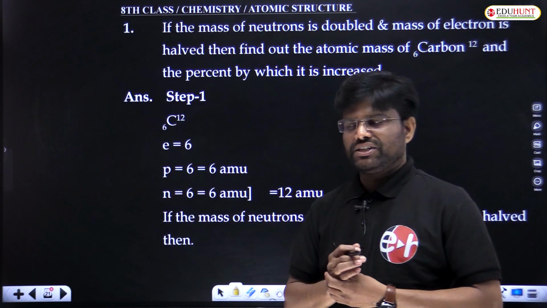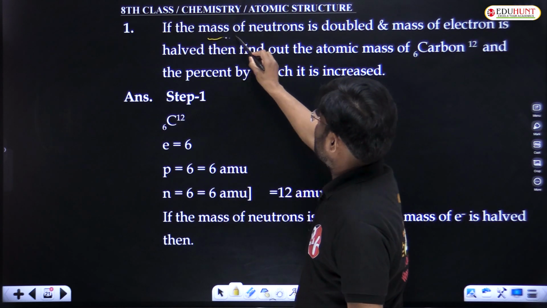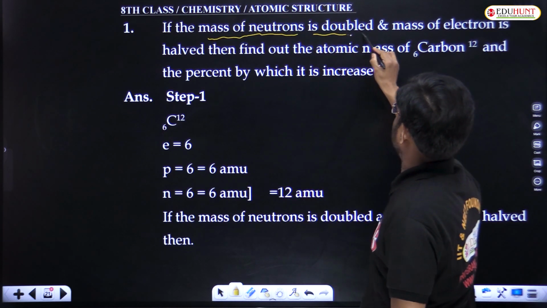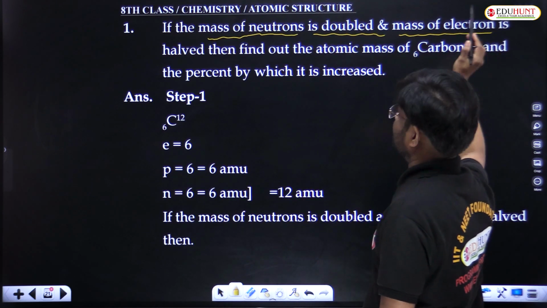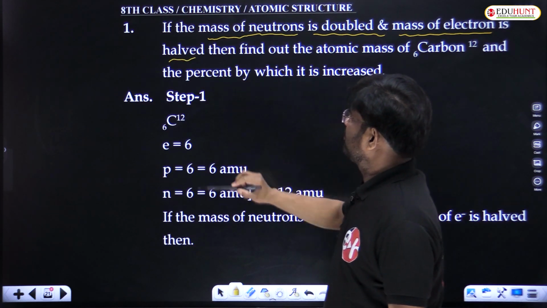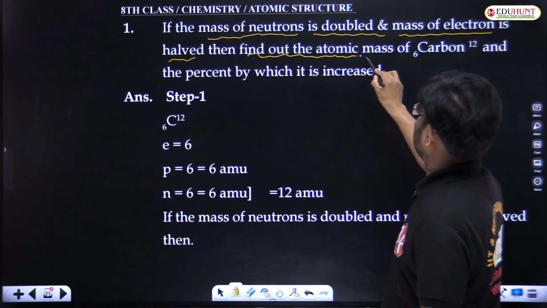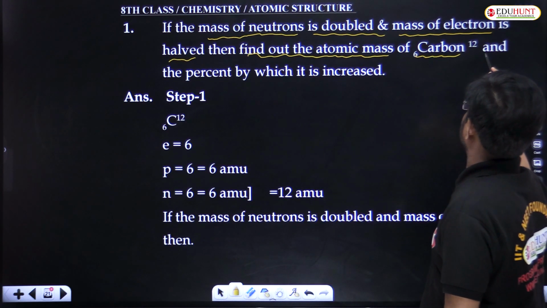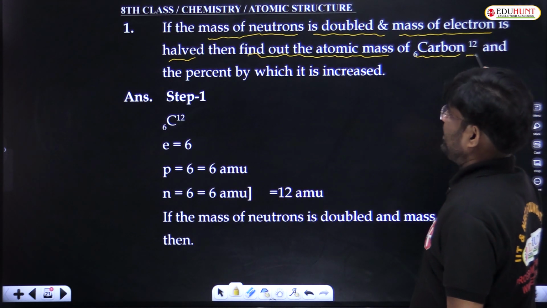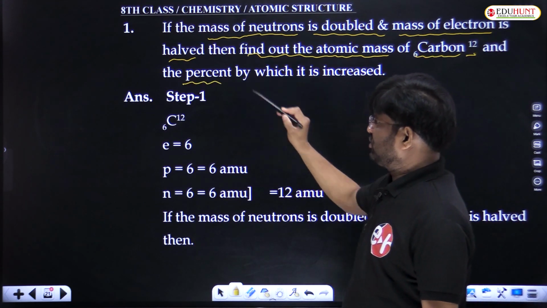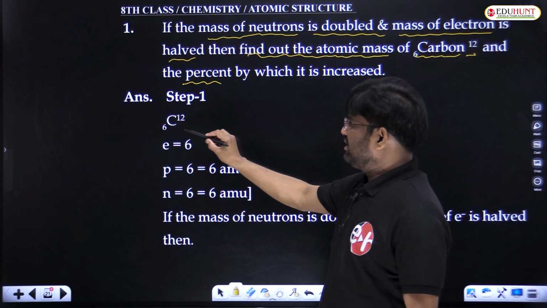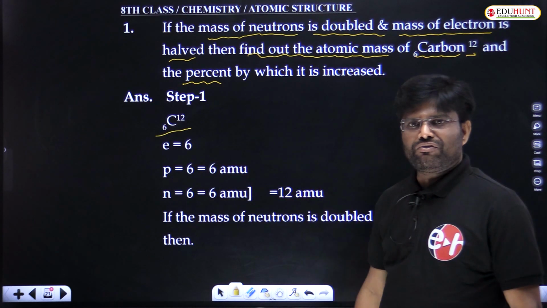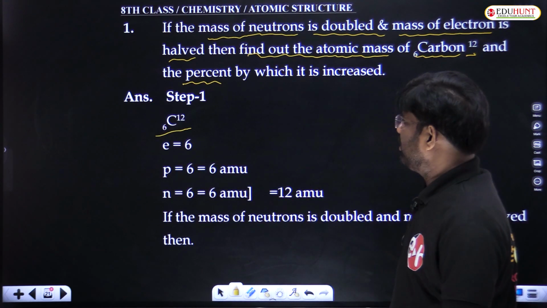Based on the concept, the mass of neutrons is double and the mass of electrons is half. Then find the atomic mass of carbon in this case, and what is the percentage. See, this is the isotope of carbon, C 6 12.